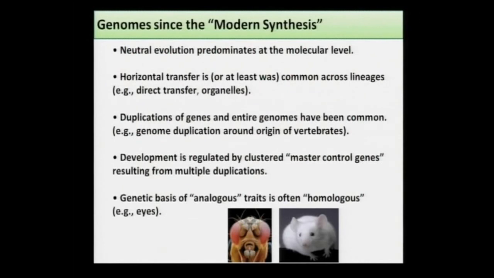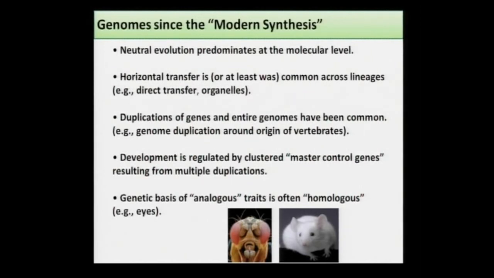At the molecular level, most changes are neutral, so they're not adaptive or detrimental. They tend to just be small-scale turnover. We know that there is, or at least was, a lot of transfer across species, especially in bacteria. We know that duplications of individual genes or entire genomes have been very important in evolution.